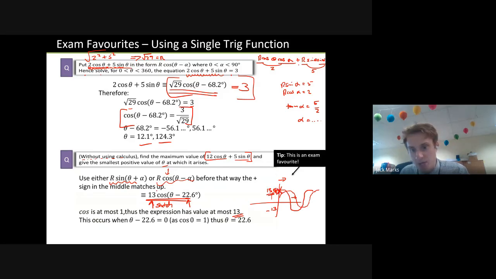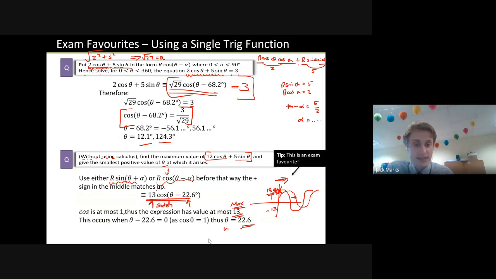Well, it used to reach its maximum at 0 because that's where cos graphs start off, but it's been moved to the right by 22.6 degrees. So its new maximum occurs when theta equals 22.6, and the value of the maximum is 13. So if you understand your trig graphs well from year 12 and your transformations well, it comes in useful for these kind of questions here.